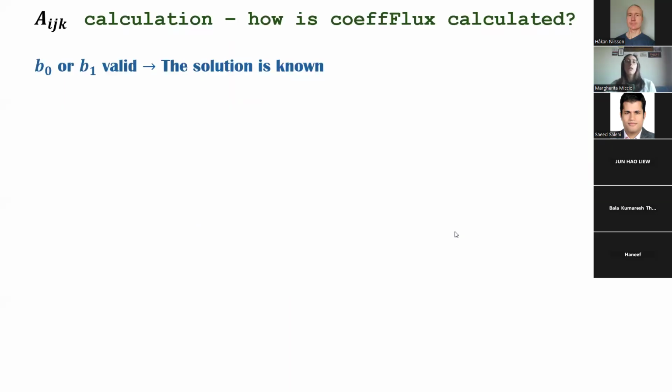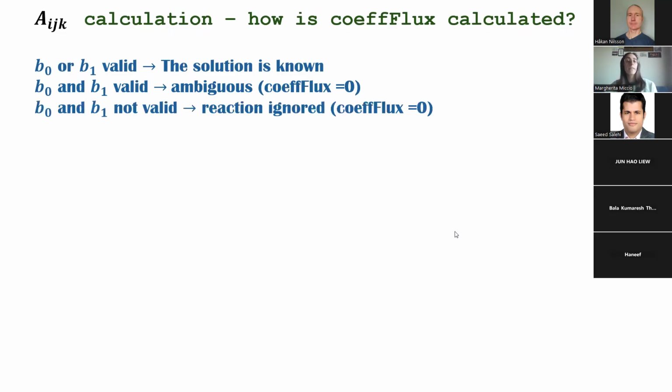Now, if B0 or B1 is valid, it means that we can choose only univocally one group transfer, and the solution is then known. Instead, if B0 and B1 are both valid, we don't know exactly which interpretation we should take, so the reaction is ambiguous. The same if both of them are not valid, so if we have different signs.